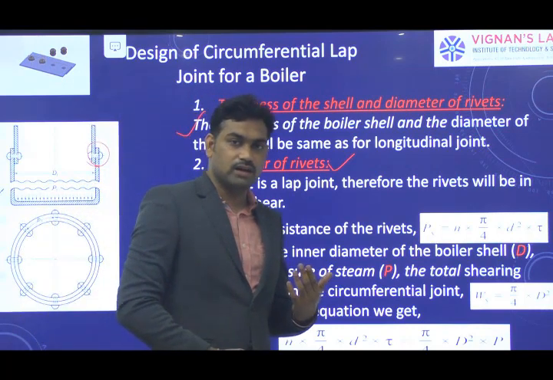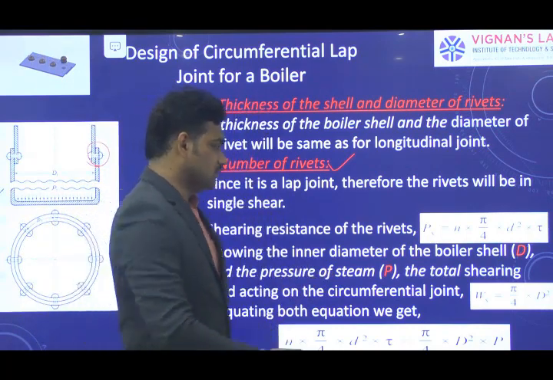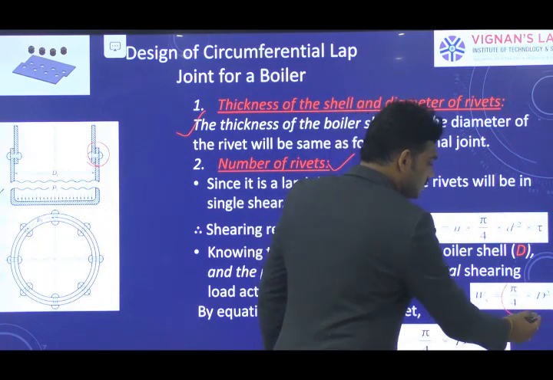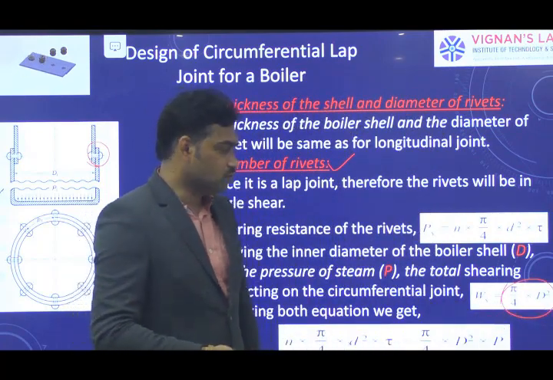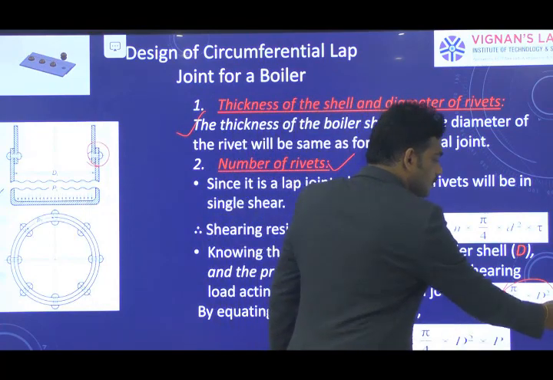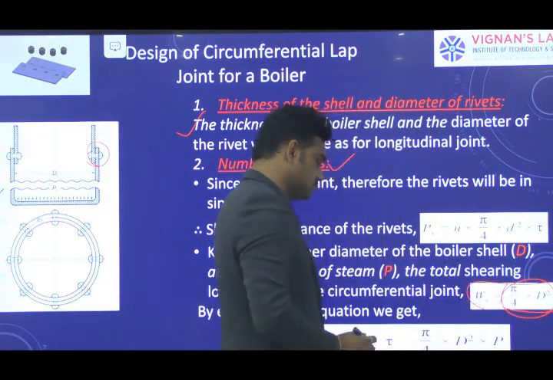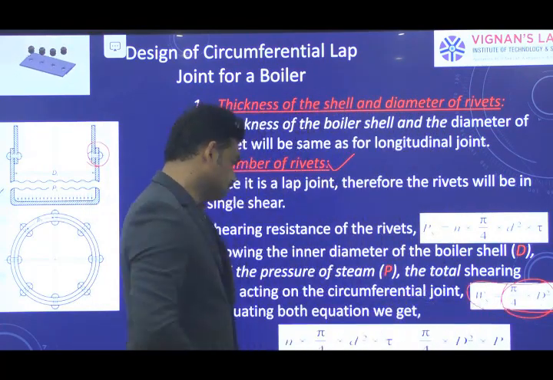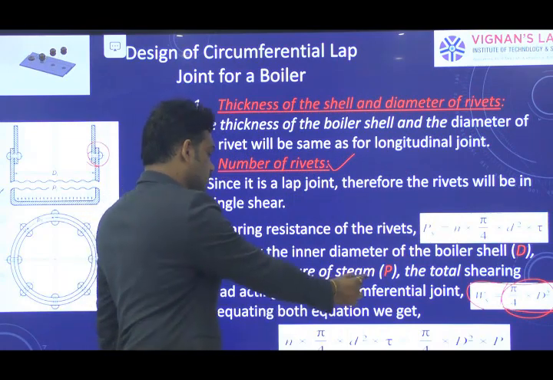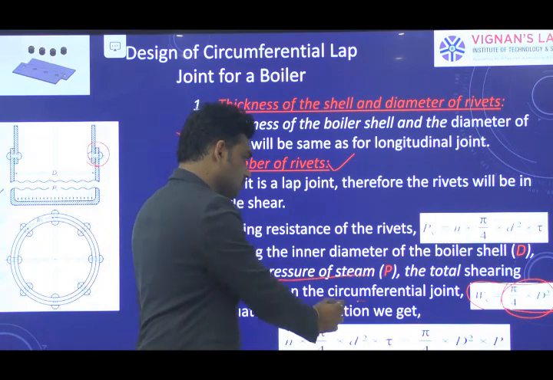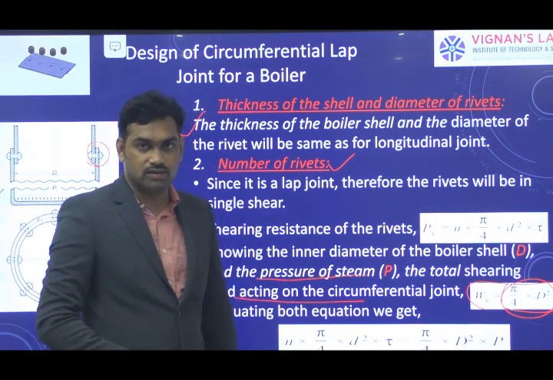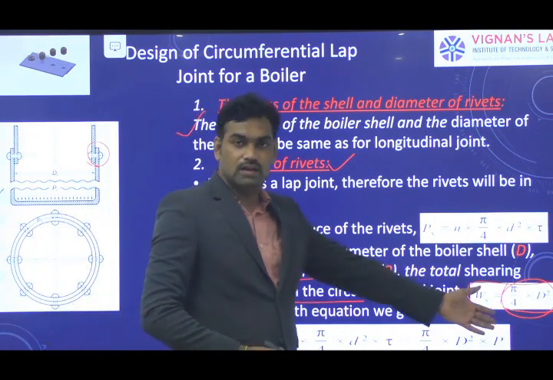The gas load can be written as the cross sectional area of the cylinder into the gas pressure inside the boiler, that is π/4 d square into the pressure inside the boiler, which gives the maximum gas load. Due to the steam pressure, the total shearing load acting on the circumferential joint is what we call the gas load.